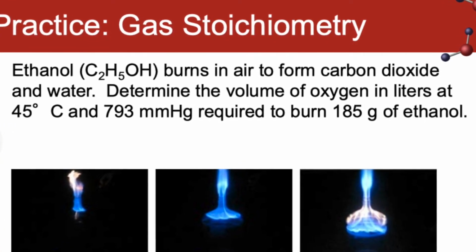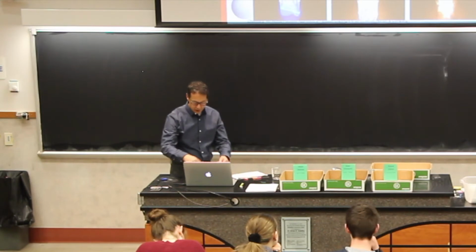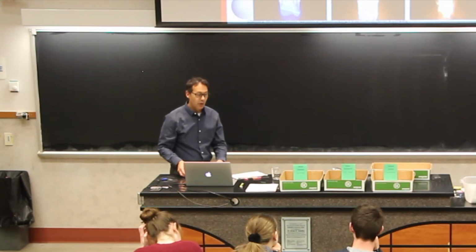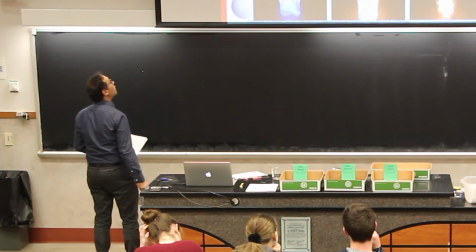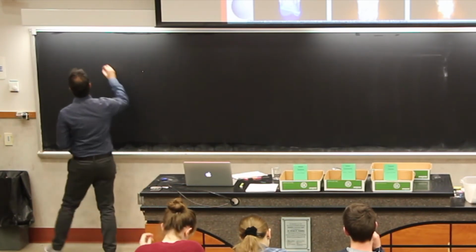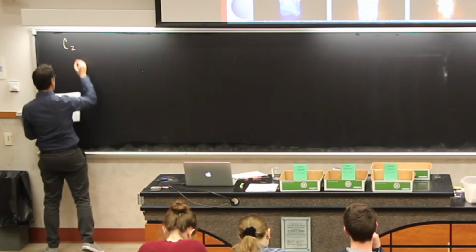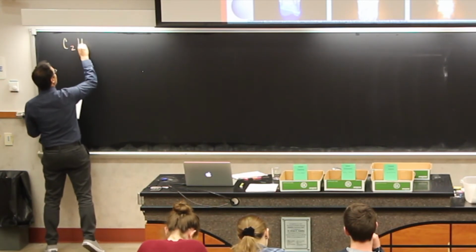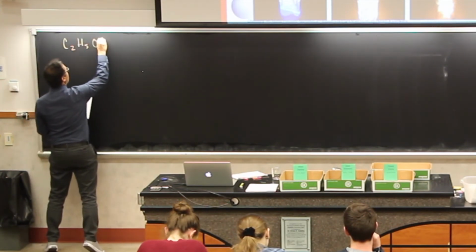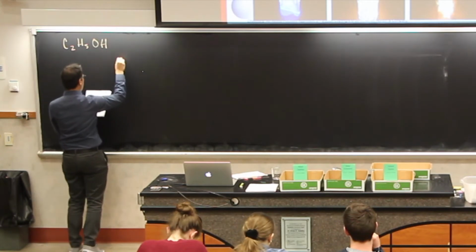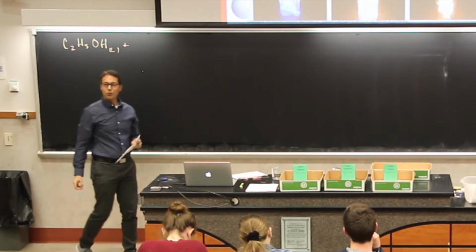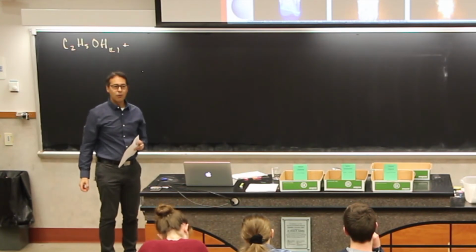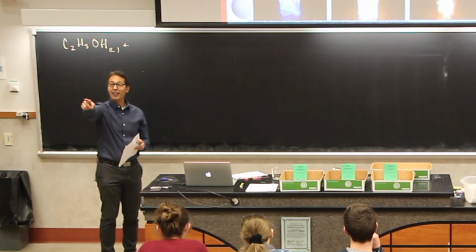So again, we're going to write out the balanced equation for this first, and it's a combustion reaction. It gives us the formula for ethanol. That is C2H5OH. And a combustion reaction means I'm going to react this with what? Oxygen.